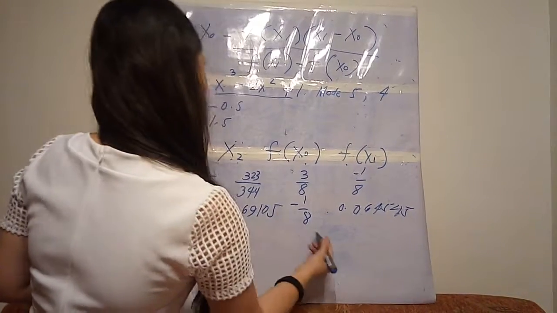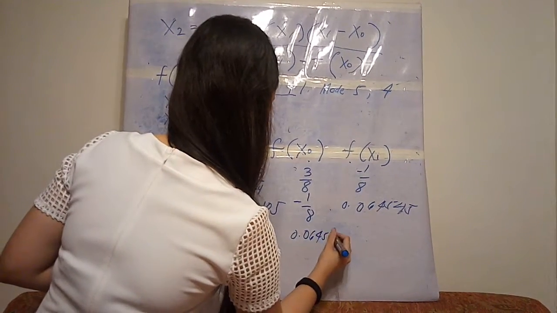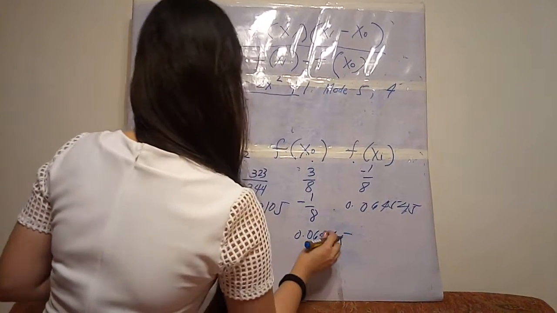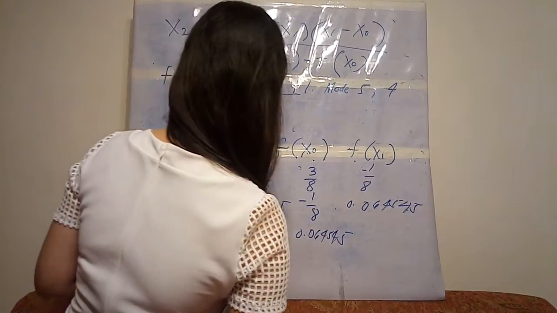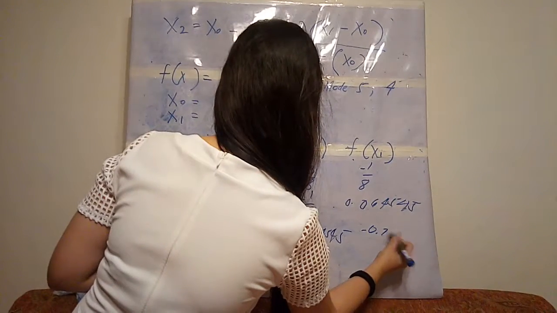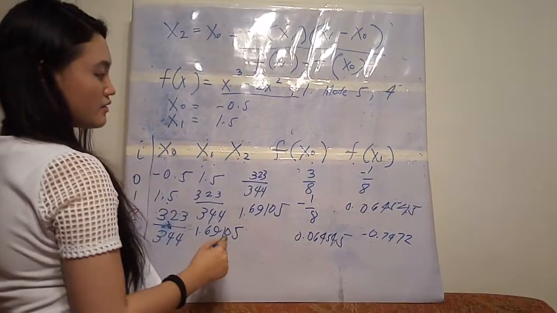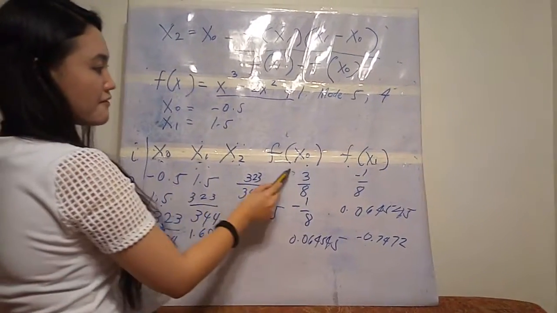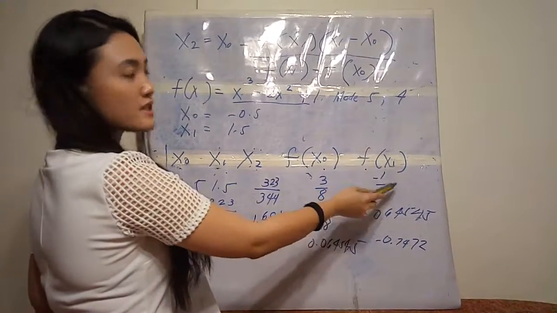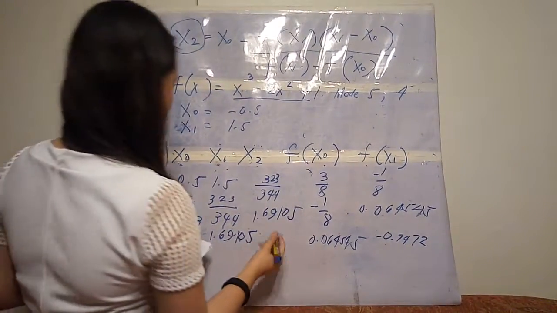So the values will become 0.064545 and then negative 0.7472. Substitute x0, x1, f of x0 and f of x1 in this equation for x2.